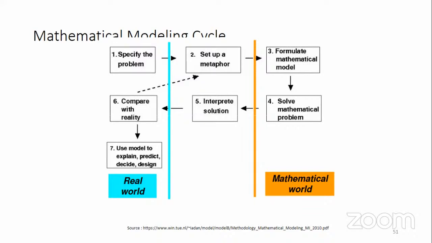Then formulate the mathematical model and solve the mathematical problem, and then interpret the solution in terms of the real problem. Then compare with reality. This step 6 is so important. This one can also call the validation.